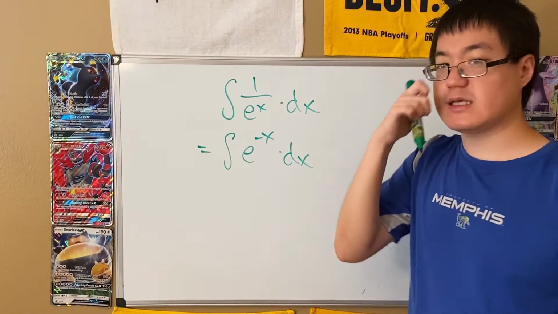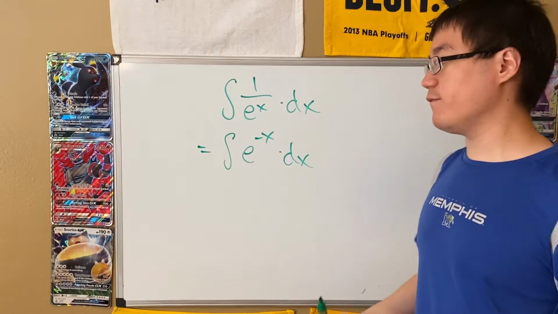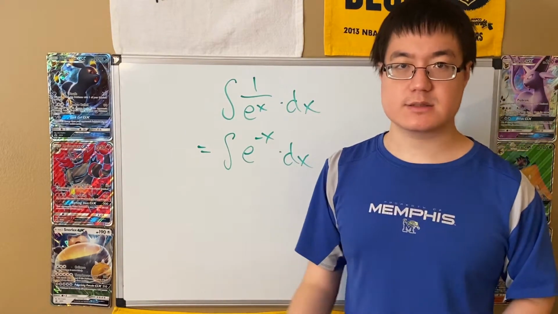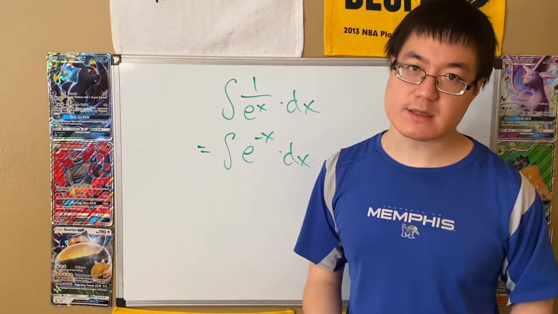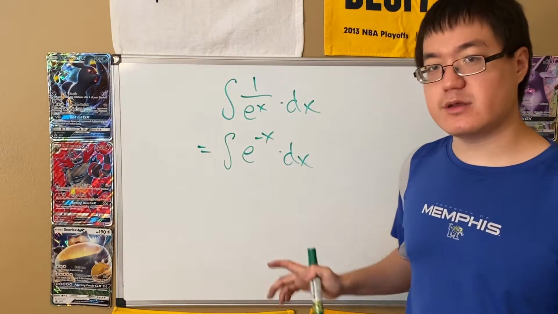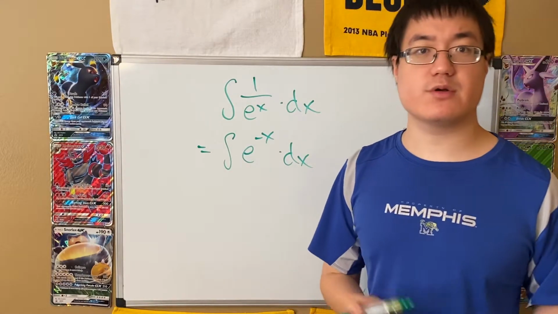Keep in mind that this is technically a u-sub and people get confused. The only integrals that I memorized are e to the x, or sine of x, or cosine of x, secant squared of x. As long as you put an inside function there, it becomes a u-sub, just like with chain rule.